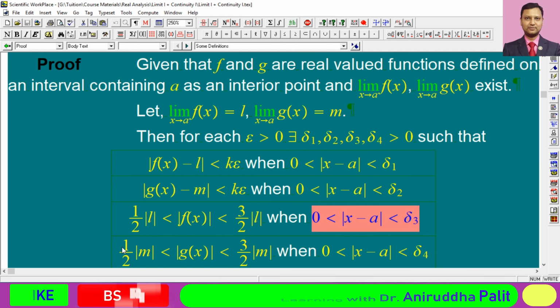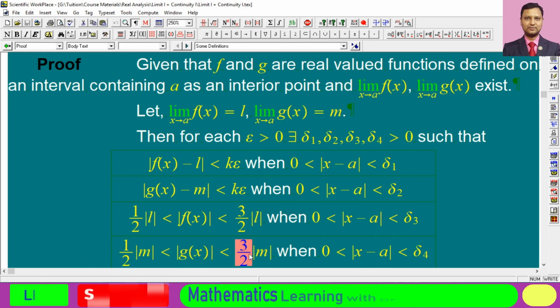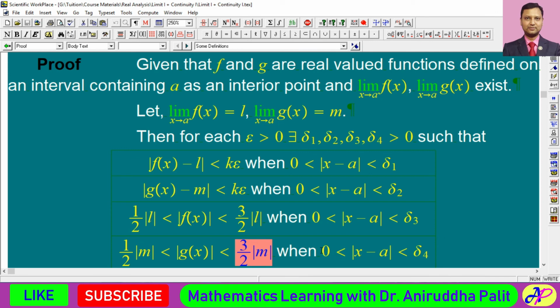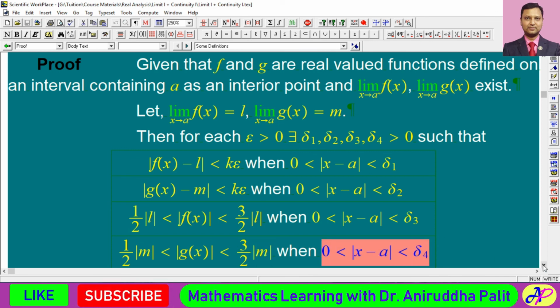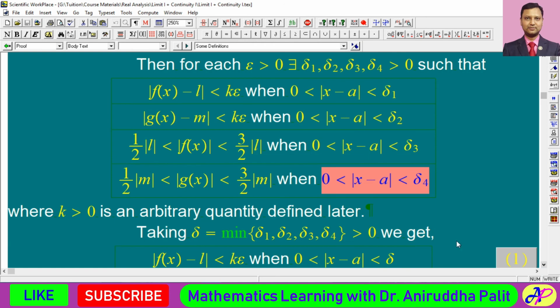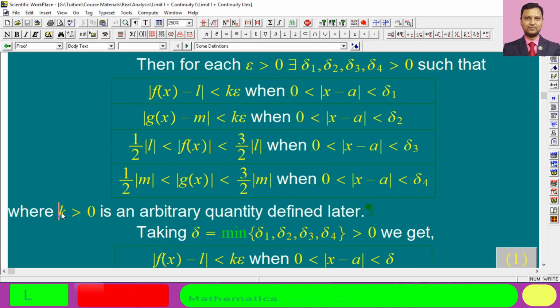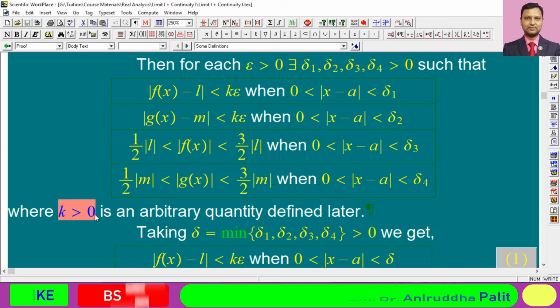And similarly for the function g(x) we have modulus of M by 2 less than modulus of g(x) less than 3 by 2 modulus of M in another neighborhood, suppose the delta 4 neighborhood of the point x is equal to a. Then all these four results must be true, where k is an arbitrary quantity, we shall choose this quantity later on for our convenience.